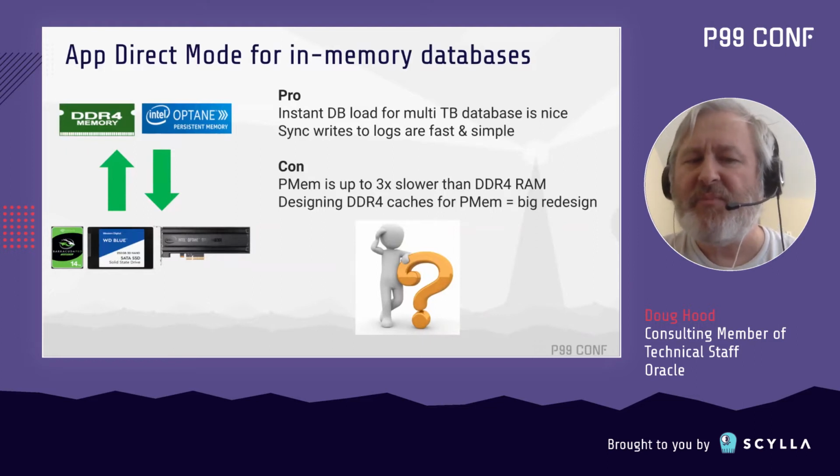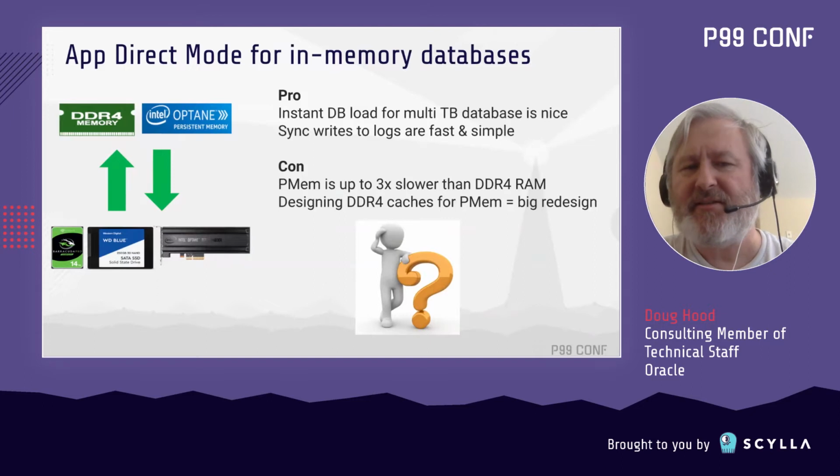But with persistent memory, you just need to attach to that file system basically, and you've reloaded your database. Another advantage is if you're doing synchronous writes for logs or commits, you can do that very fast and it's simple, it just works. So those are the advantages.